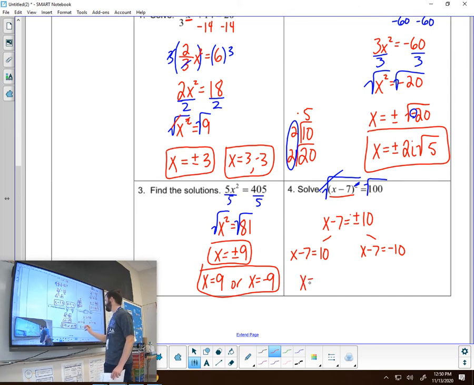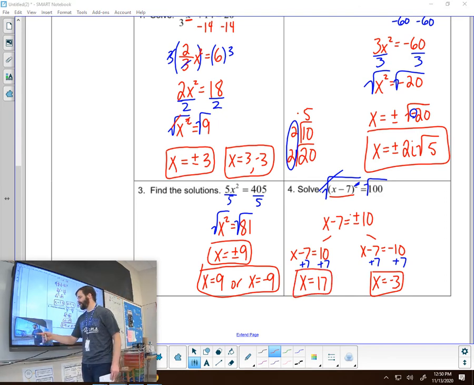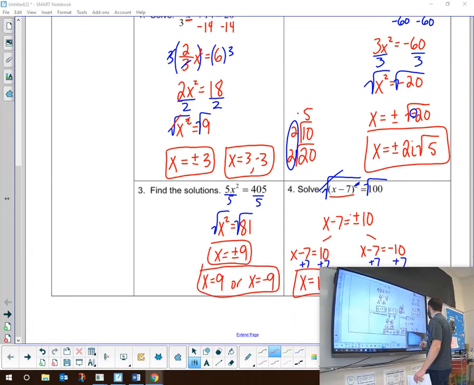If I add 7 to both sides, we're going to get x equals 17. If I add 7 to both sides here, we're going to get x equals negative 3. So there you have it. We have 2 separate answers. Both are just as valid. Okay, guys, let's go to our next page.